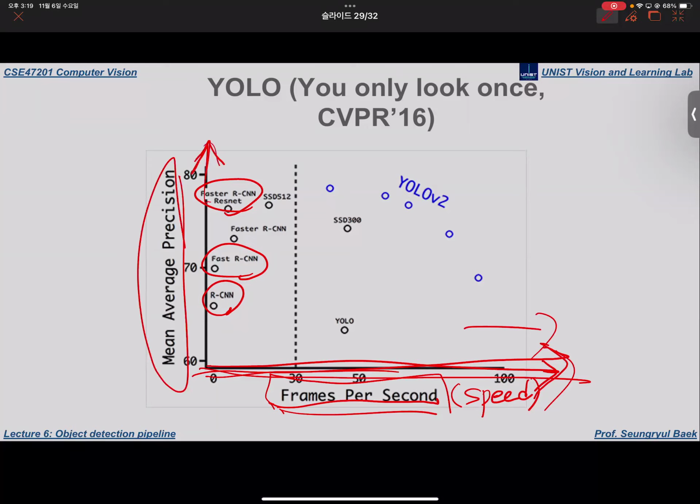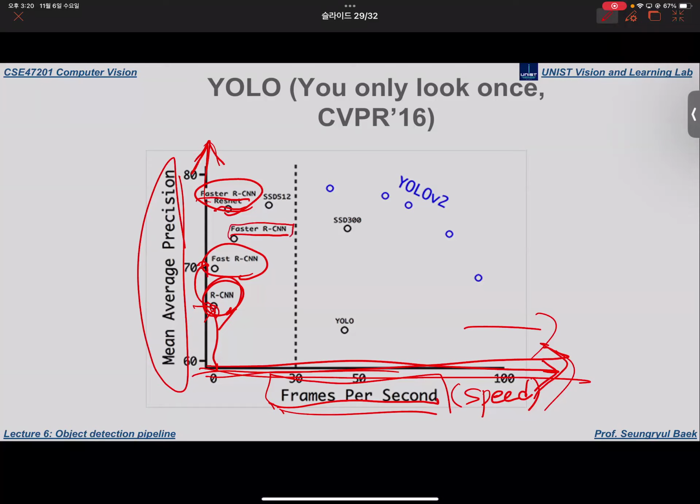So higher is better. The original RCNN is slow compared to fast RCNN, so it is in the left part, and its accuracy is also limited. Fast RCNN is slightly to the right of RCNN, and its accuracy is greatly improved. For faster RCNN, there is a trade-off if they use a big backbone or a small backbone.